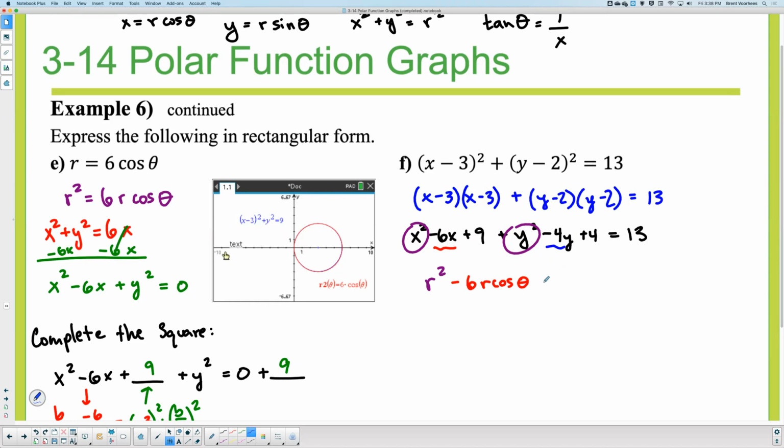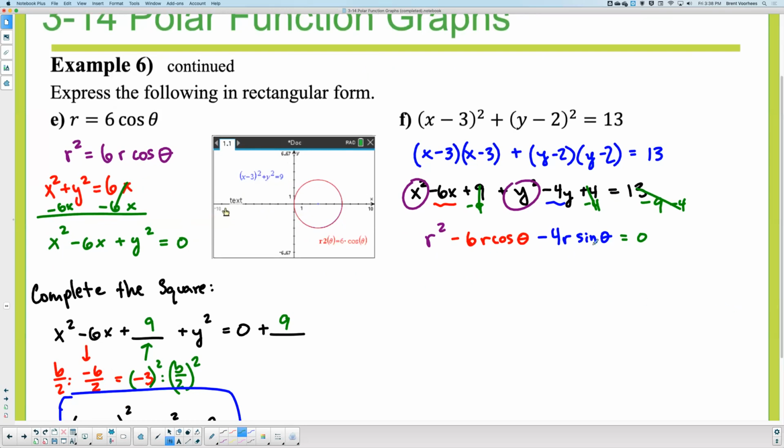Negative 4y is minus 4r sine theta. Plus 9 plus 4 is 13. What I can do with all this is if I subtract this 9, if I subtract this 4, then I need to subtract 9 and subtract 4. All of that would equal 0. Those cancel, and that is subtracted by 13. Those cancel. We're equal to 0.